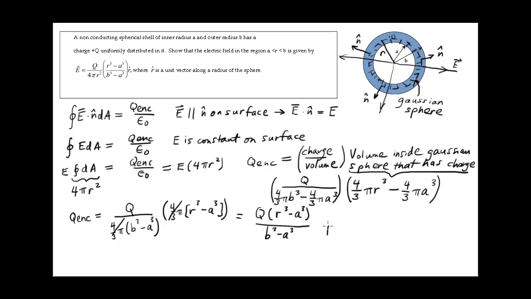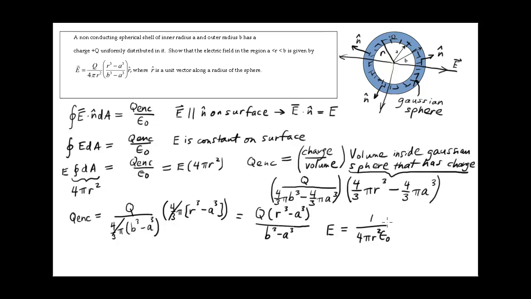So this means E is simply Q enclosed over 4 pi r squared epsilon 0. So there's going to be a 1 over 4 pi r squared epsilon 0, and then just the Q enclosed term.